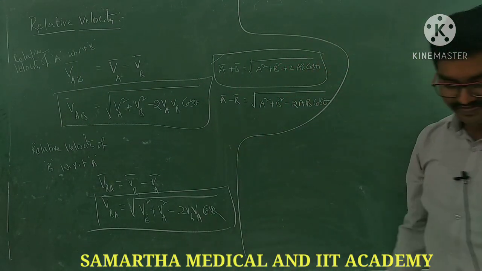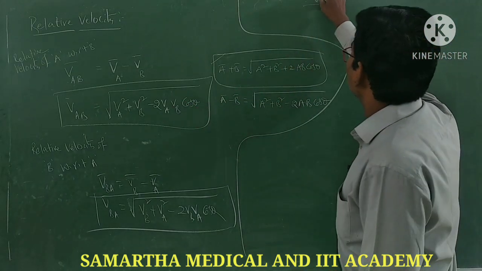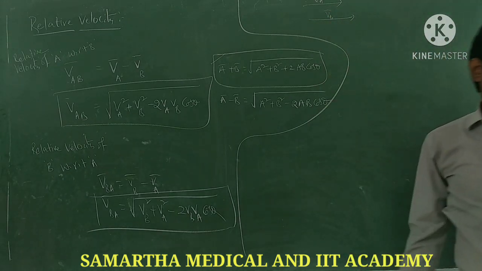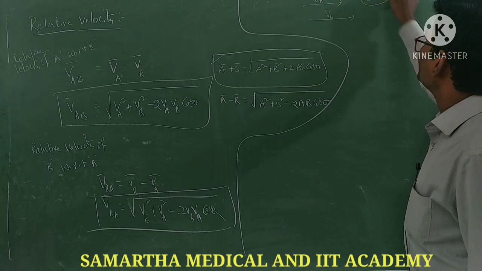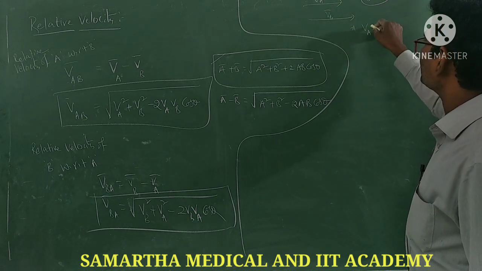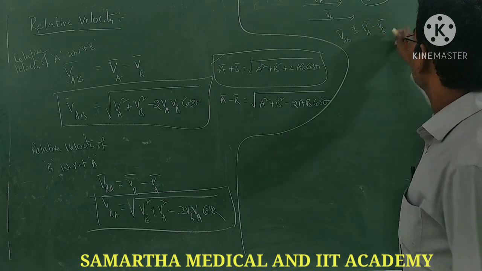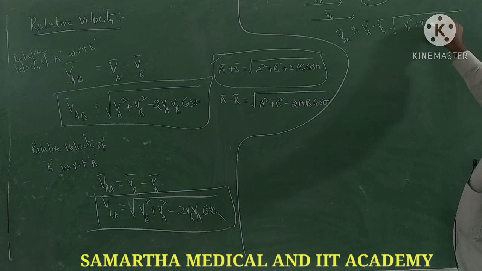Next. Suppose VA bar is going in this direction and VB bar is also going in the same direction. Both have the same direction, so theta is 0 degrees. Then what is the velocity of A with respect to B? The square root of VA square plus VB square minus 2 VA VB cos 0.